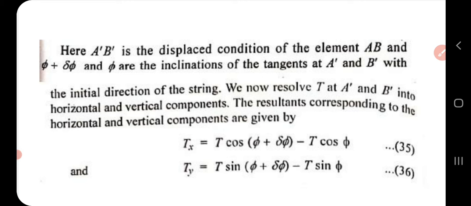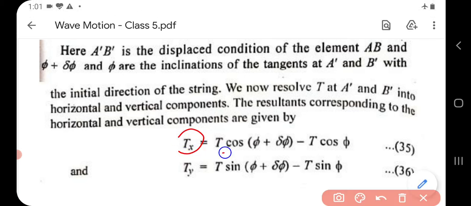So the horizontal component is represented by Tx and is given by T cos(phi plus delta phi) minus T cos phi, and the vertical component Ty is equal to T sin(phi plus delta phi) minus T sin phi. Here just note that horizontal component means cos theta, vertical component means sin theta.